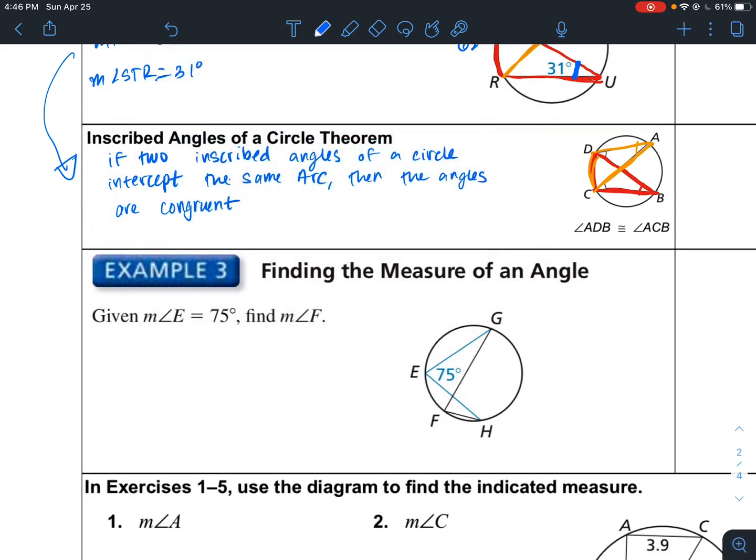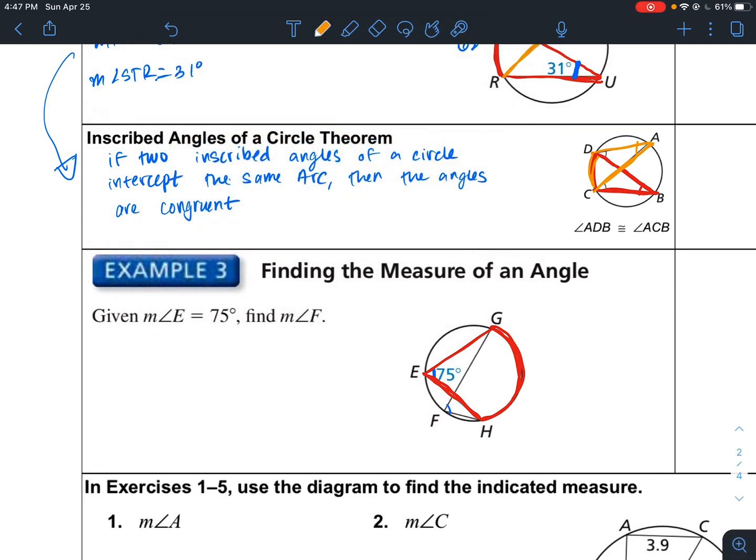So given that the measure of angle E, right here, is 75 degrees, find the measure of angle F. Well, first thing I notice is that angle E has this intercepted arc GH.